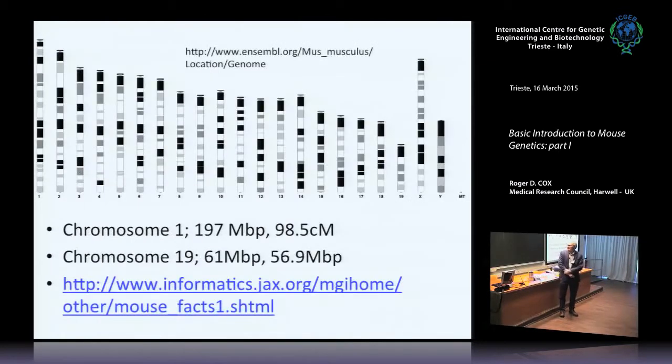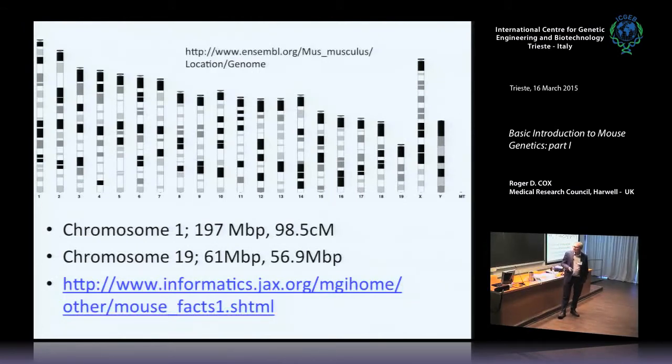So the mouse has 20 pairs of chromosomes, and one set of those is the XY pair, or XX or XY. The longest chromosome is chromosome 1 at 197 megabases. These are recombination lengths, and I'll explain this a bit more shortly. So about 98 centimorgan recombination length.